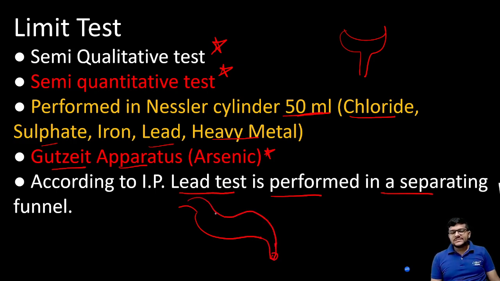So according to IP, the test of lead is performed in a separating funnel, and the test of arsenic is performed in the Gutzeit apparatus, whereas the test of chloride, sulphate, iron, and heavy metal is performed in the Nessler cylinder, which has a volume of 50 ml.